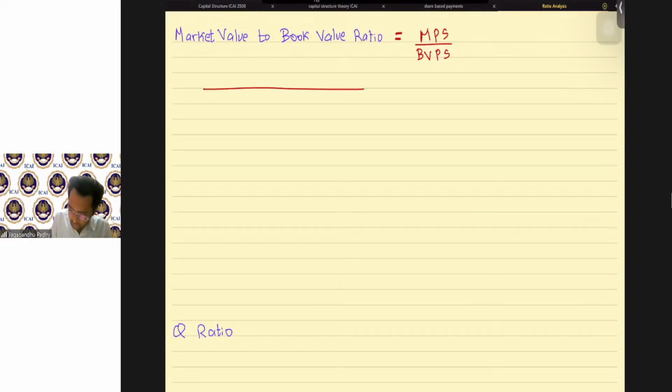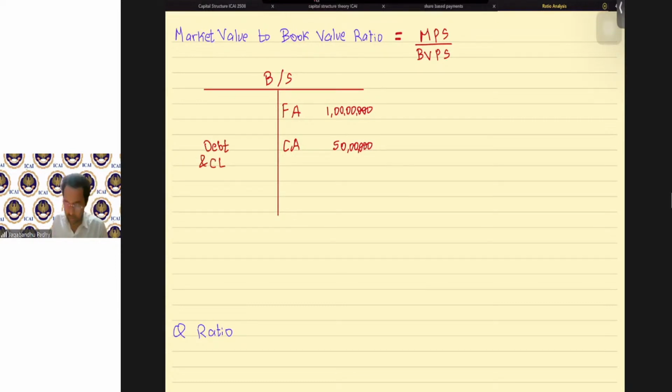If you look at the balance sheet of a typical company, on the asset side, we have some fixed assets, we'll have some current assets. So let's say fixed asset is amounting to 1 crore, and company has got a current asset of 50 lakh, and company will be also having some debt and some current liability, right?